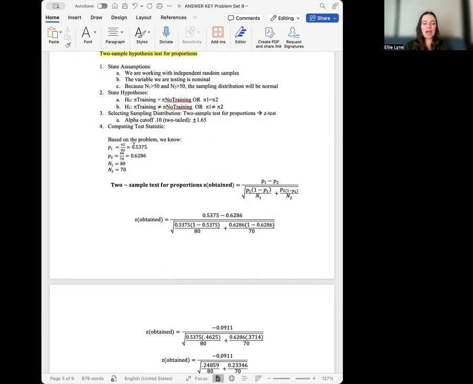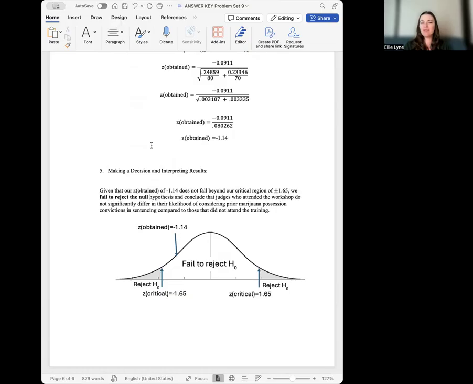It is a little bit less for those judges who did attend the training, but it's not statistically significantly different. And so what that means substantively is that it's still up to random chance at the end of the day. There's not enough of a difference that we can confidently say as statisticians that it's such a big difference that it was up to the program itself that caused that difference.